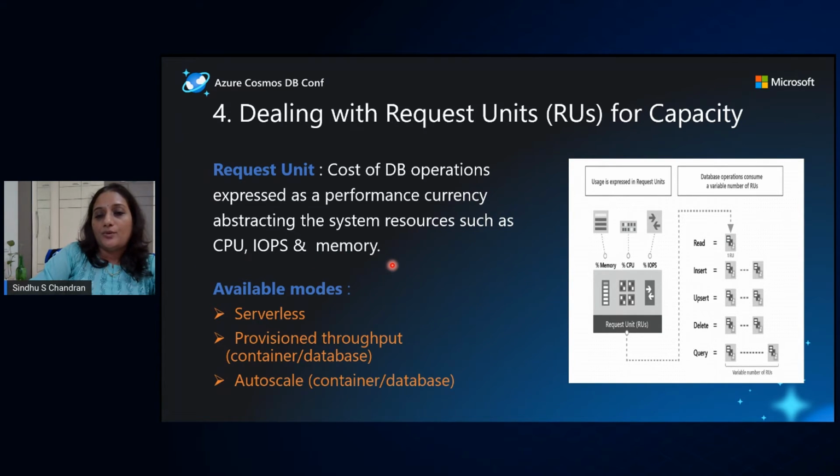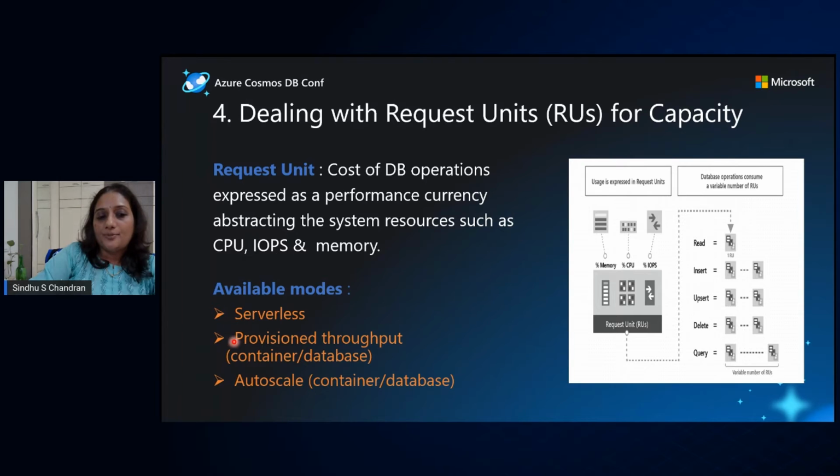And you have to be aware that there are these different modes of setting this up which are available. So if you do not really want to be dealing with RUs, then you could use the serverless option, but you pay based on usage. You don't need to manage RUs here, but then there are some limitations in terms of the size of data and also the geo redundancy options which are available.